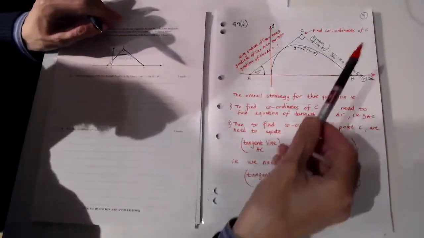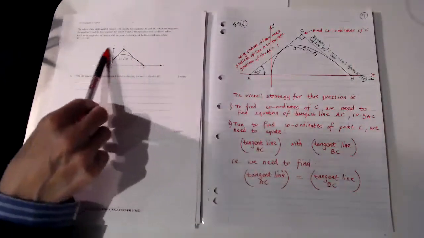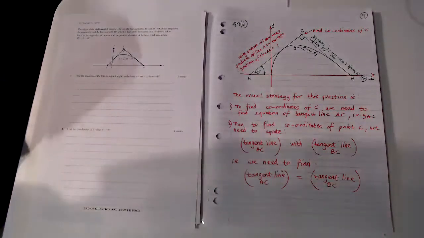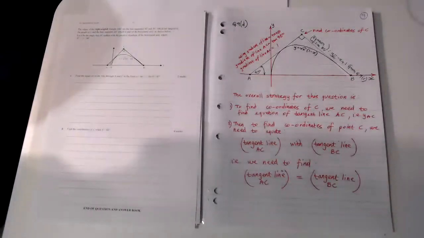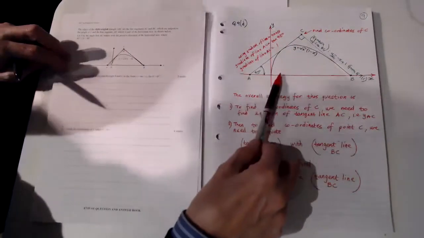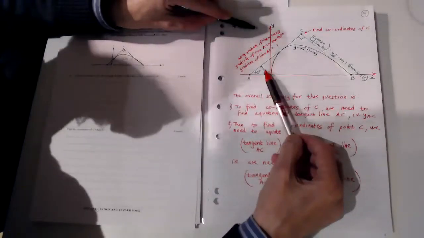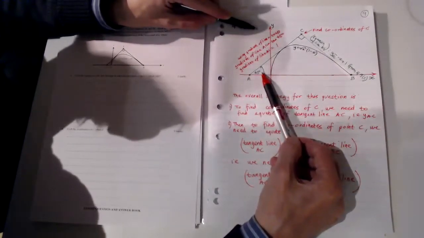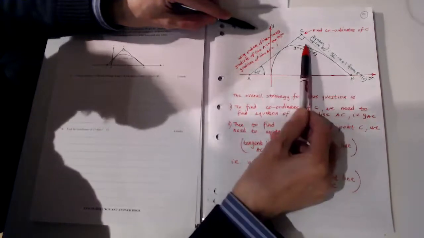In this question 9d, they're talking about this graph that we've seen now a number of times in one way or another, and I've redrawn this graph over here. They tell us that that angle there is 45 degrees, and it's a right angle.